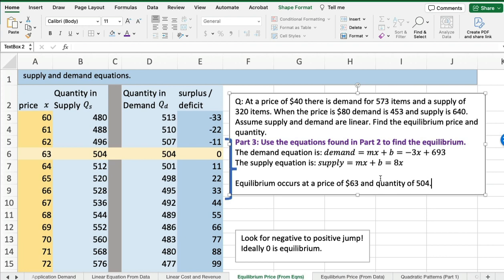So it doesn't matter which quantity column you go to because the quantity should be the same. The quantity in supply should equal the quantity in demand, and that's exactly the way we want it to be. As we're producing these items, they're going out the door just as fast as they are coming into the warehouse, basically is what that means.